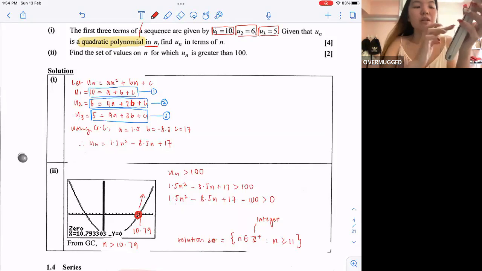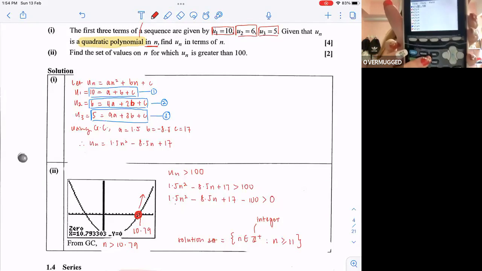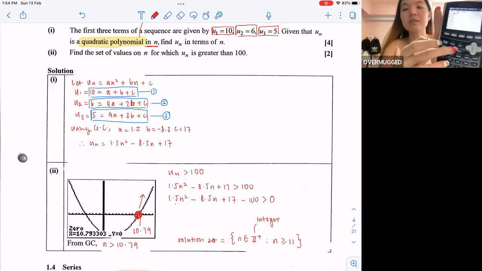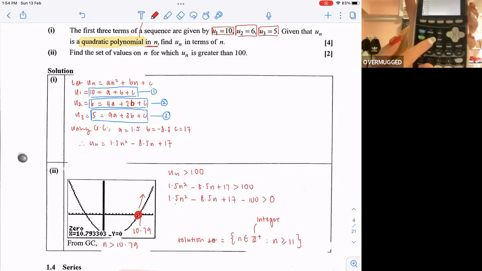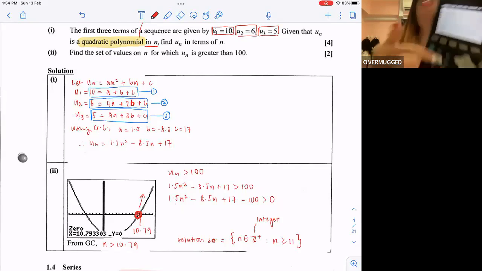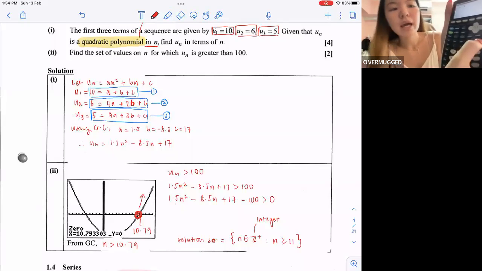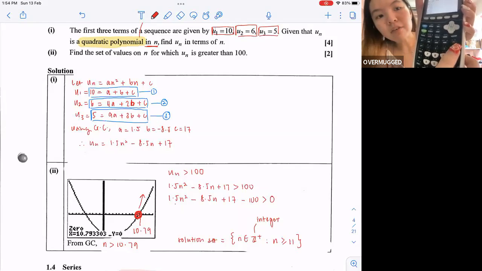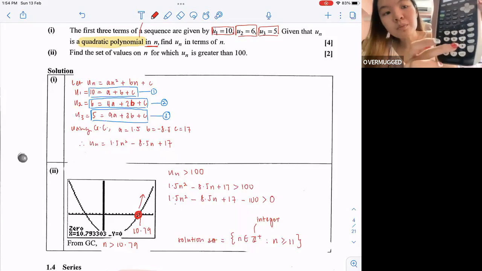Instead of n, I'm going to use x because that is the general term that we use for this graphing calculator. You can press the x here, next to the green alpha button, and you should see an x here. Then I'm going to put square. For the square, I'm going to press the arrow up sign to indicate power of 2.